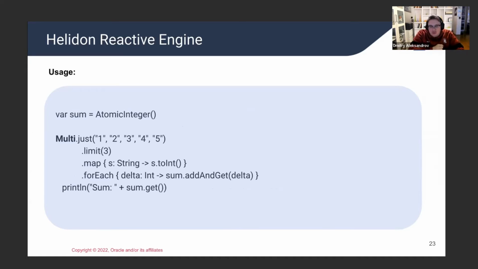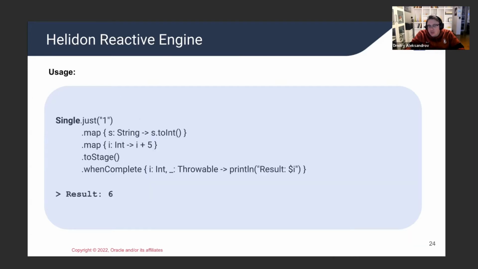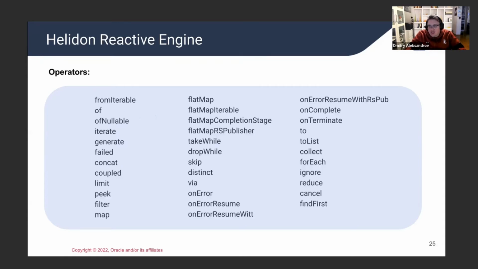So you create a stream of 1, 2, 3, 4, 5, and you just map it, and you have the whole set of operators to work on it. It's the same for Single, actually. So if you have only one value, you also can do all the manipulations following our rich set of operators here.